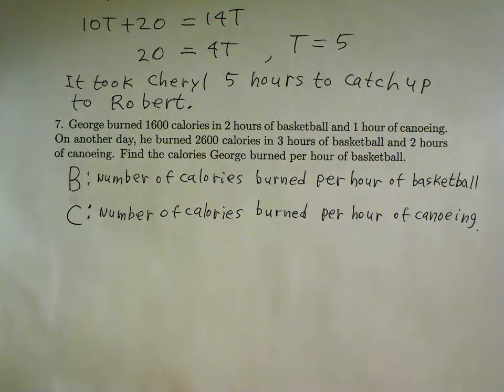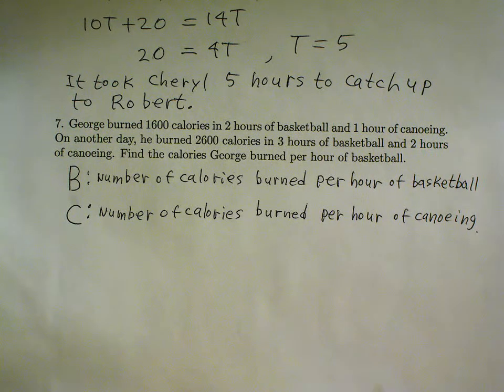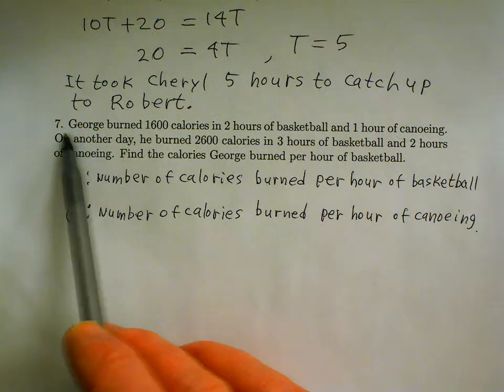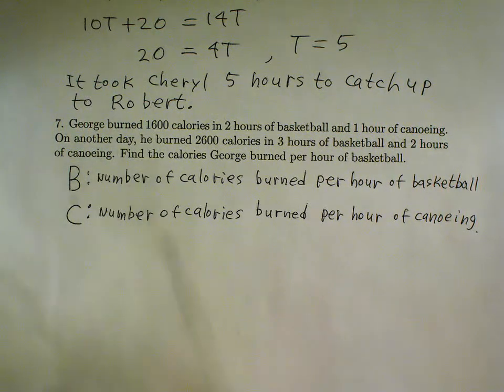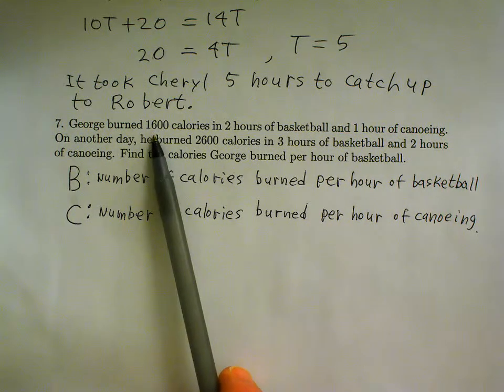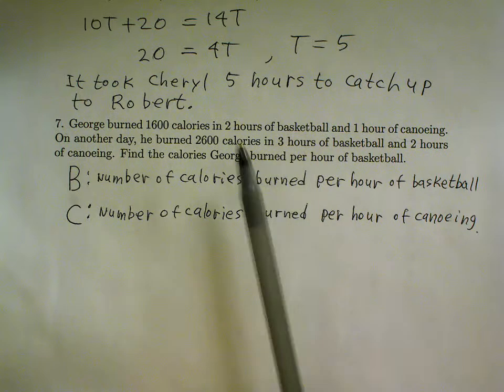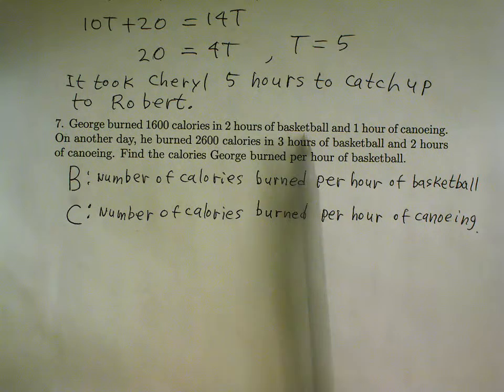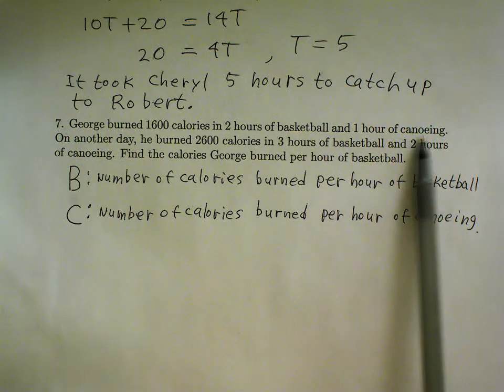Okay, so now we can write down two equations, one at a time. So in the first sentence, George burned a total of 1,600 calories by playing basketball for 2 hours and canoeing for 1 hour.